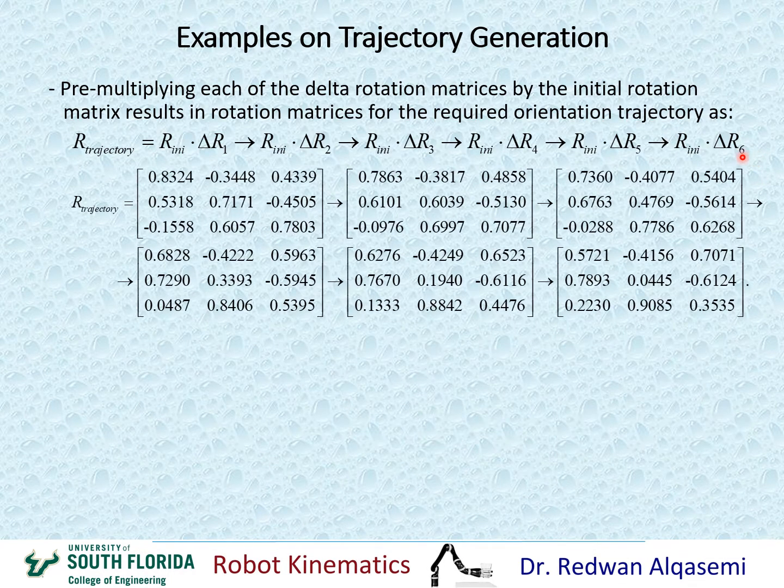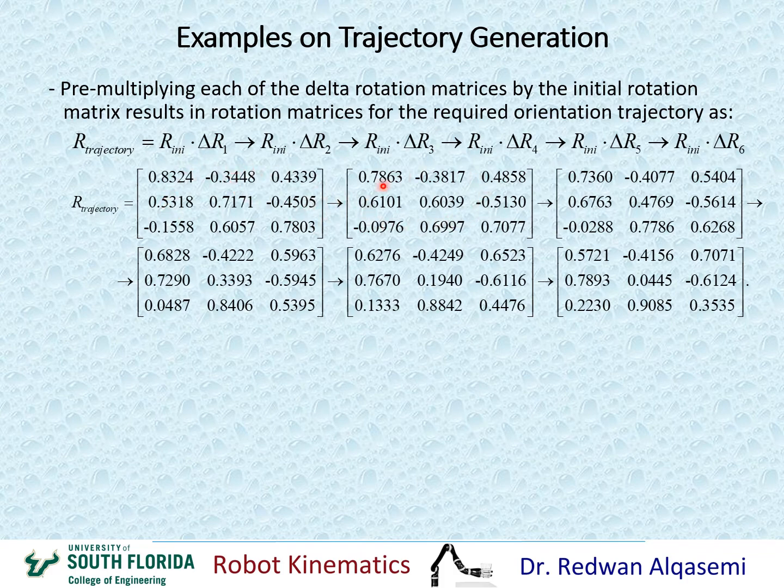Okay, so if we do these multiplications, we're going to find these rotation matrices. This is the first rotation matrix, which is identical to the initial rotation matrix that we can extract from transformation T initial. And if you recall in the previous slide, delta R1 was the identity matrix. So if that's multiplied by R initial, naturally we get R initial, as it is right here.